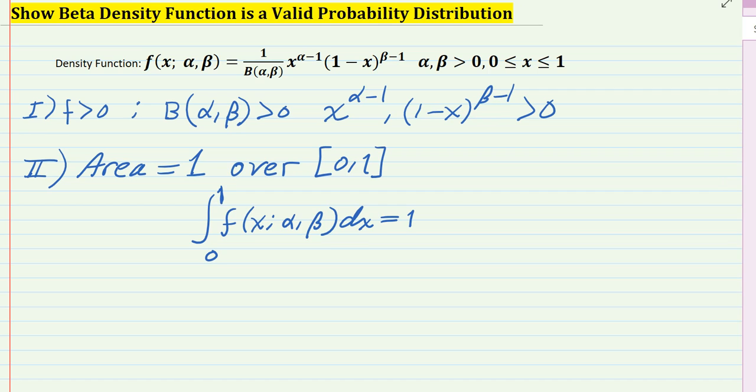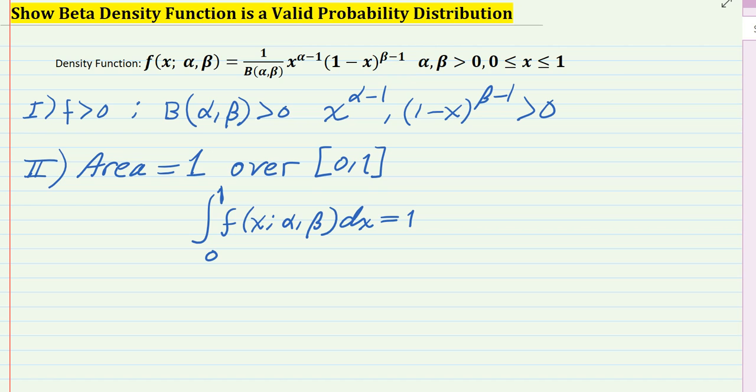Now, just a comment here, this coefficient on the density function, 1 over capital B, which stands for beta function, we commonly call the normalizing factor. What it means is the following: everything else to the right of that, once we integrate it, should equal the beta function with parameters alpha, beta.